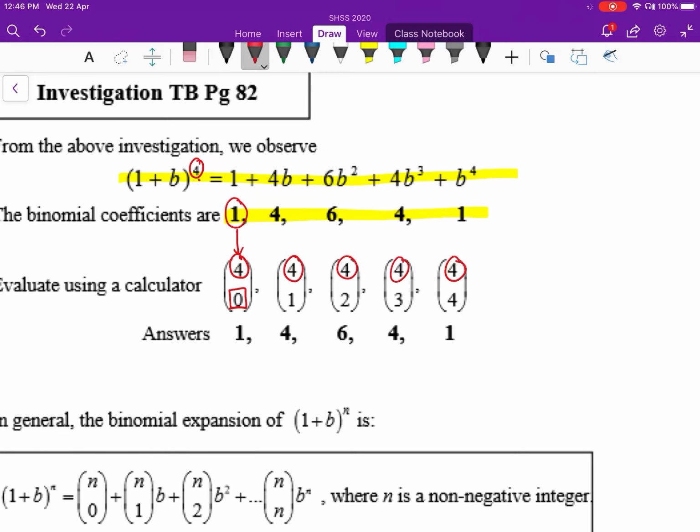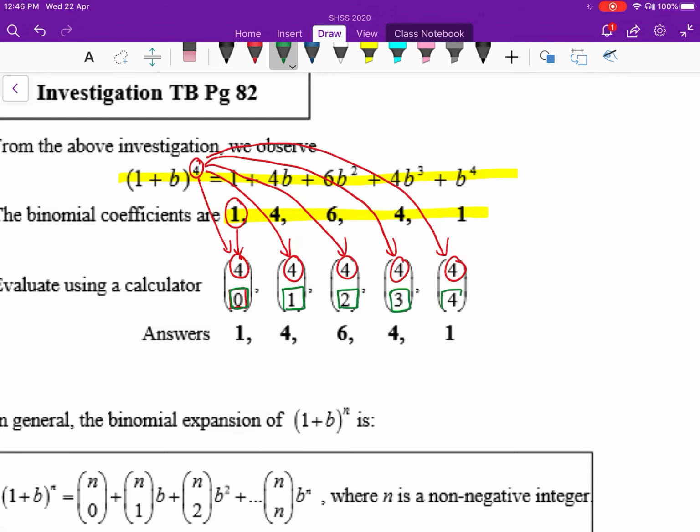This depends on the power of whatever you're expanding. This will forever stay the same. Alright? This number, this green square below, tells us the position. What position do you want? Okay? Position 0, position 1, position 2, position 3, position 4.